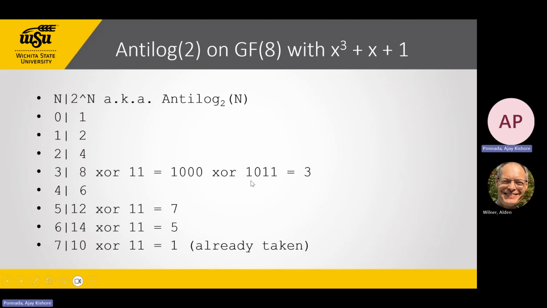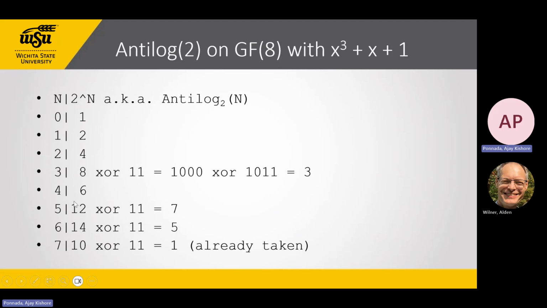So any questions on this table? It's simple. We'll just take a number, and we'll do 2 power that number. If the number exceeds the range, we'll just XOR it with that primitive polynomial number. We'll cut it off and we'll get that number, and then we multiply that number by 2.